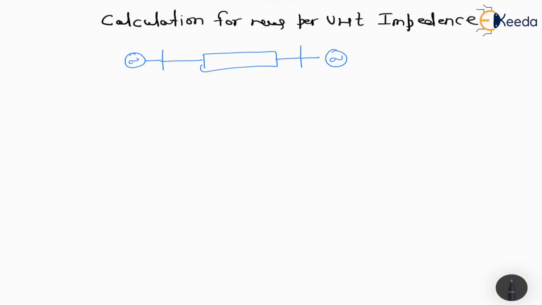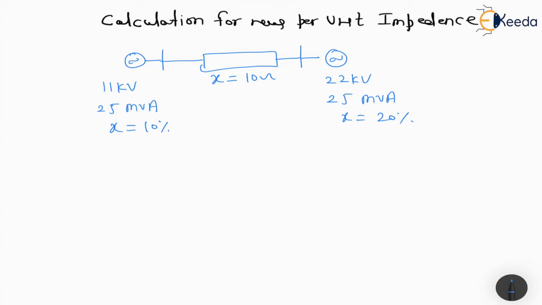The values given are 11 kV, 25 MVA, and X equal to 10%. Here it has been given as 22 kV, 25 MVA, and X equal to 20%. The transmission reactance has been given as 10 ohm.